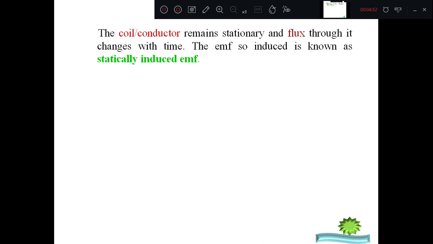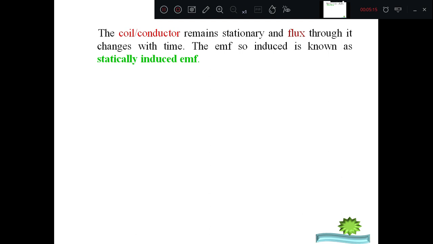Because the conductor cuts the magnetic field, there is an induced voltage in the rotating armature conductors. That induced voltage is called dynamically induced voltage, because the conductors are rotating.